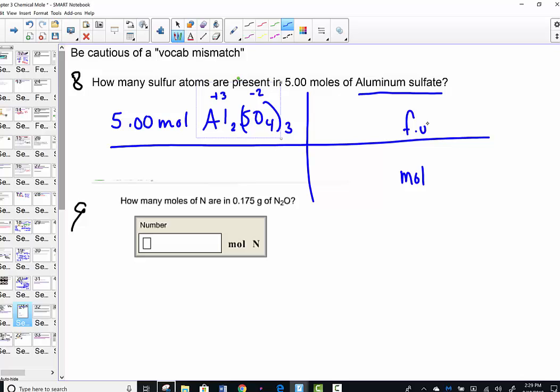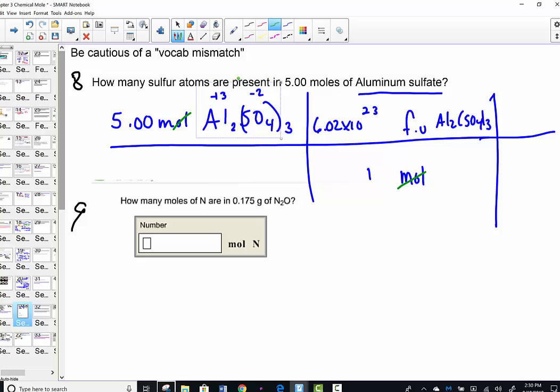Even if you wrote the word particle, and that's fine, you realize that it's a compound and not the individual sulfur atoms. I know that there's 6.02 times 10 to the 23rd formula units of my compound, aluminum sulfate, in every 1 mole. That's your first conversion factor. I have the moles canceled, and I'm at the compound aluminum sulfate.